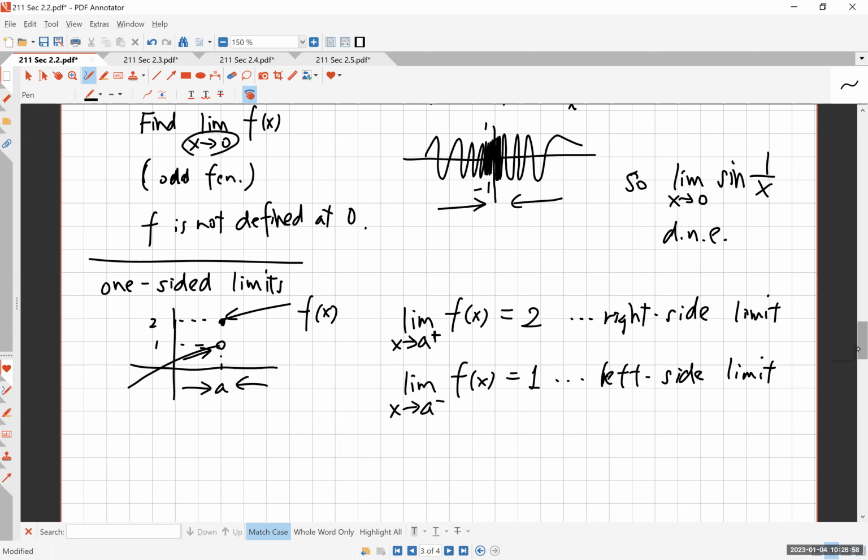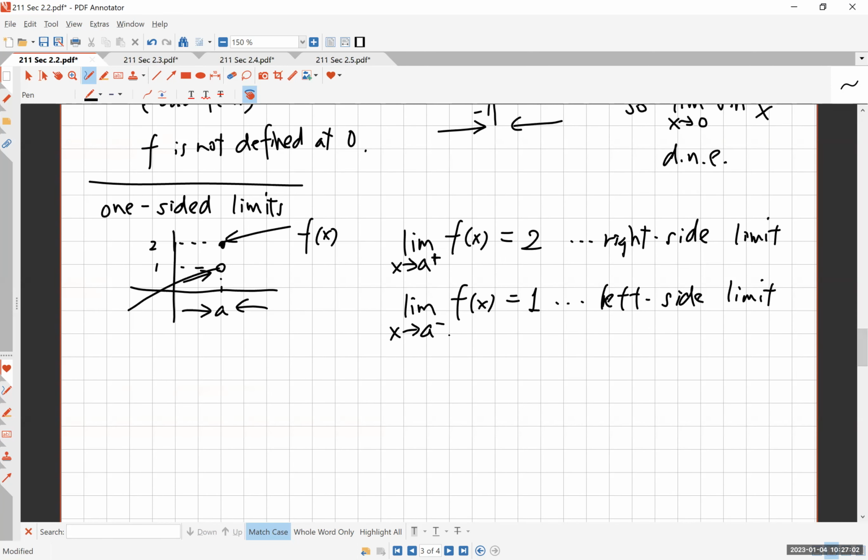I'm not going to describe exactly what these things mean. I think you can understand this is the plus direction. So this means x is approaching a from the right, and x is always greater than a here.